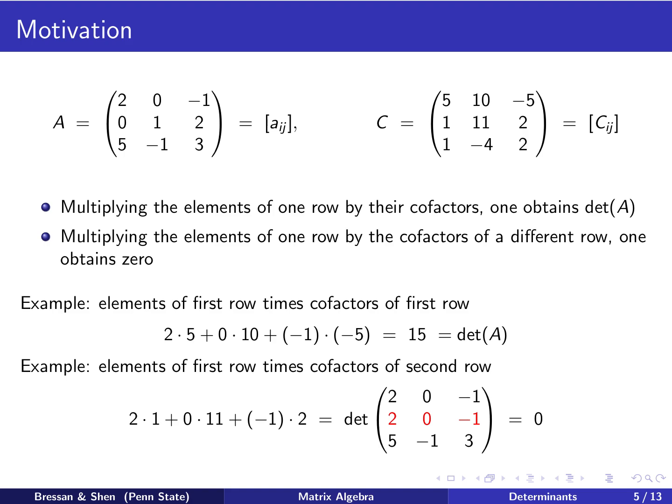Okay, so now we see that A times C transpose will always be a diagonal matrix where all the diagonal elements are the determinant of A, and all the off-diagonal elements are 0. Even though we show it here in a specific example, it holds for any general matrix. This example is 3 by 3, and you can easily see that it also holds for n by n.